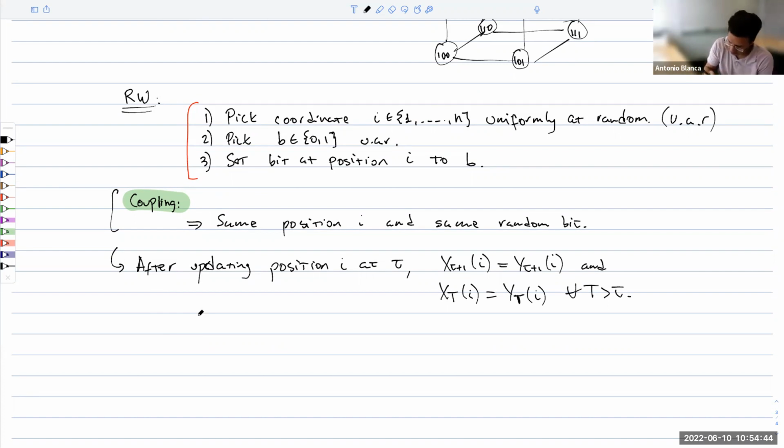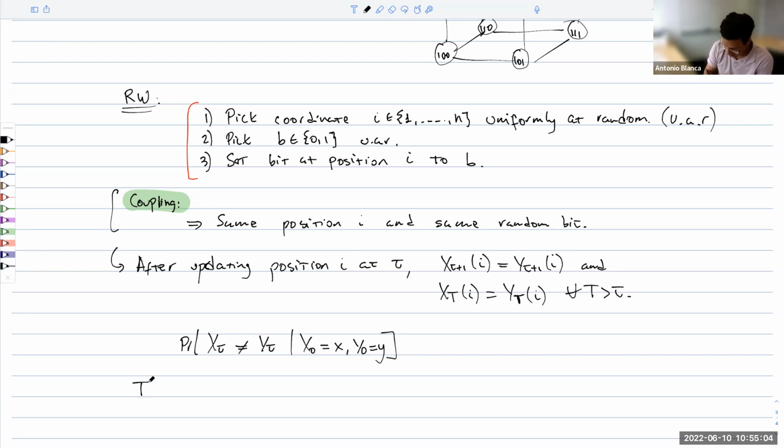So let's look. We want to bound the probability from the coupling lemma, right? So this is, remember, this is the condition. In order to apply the coupling lemma, we need to bound this, right? Assuming arbitrary initial states, we want to say that this is less than 1/4, right?